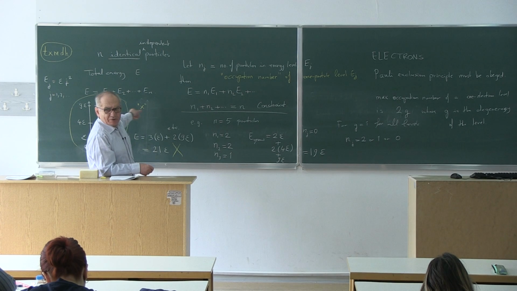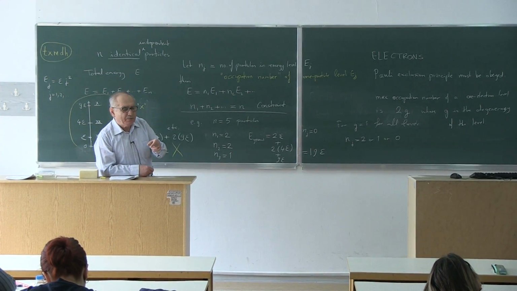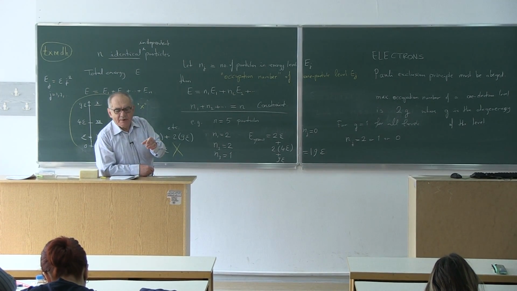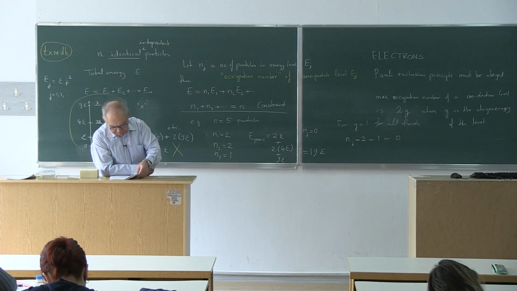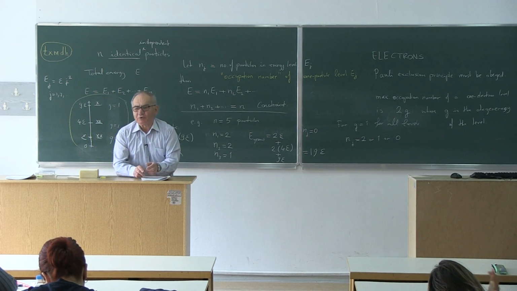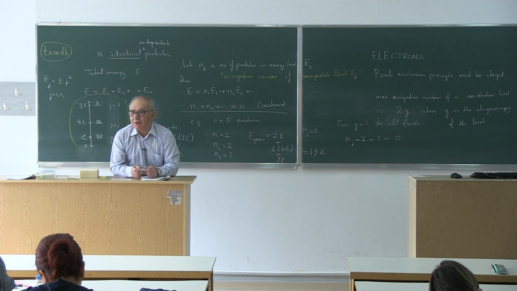The notation or use of symbols in this case, when we consider electrons, is slightly different from the general considerations in the sense that an electron has a property called spin.